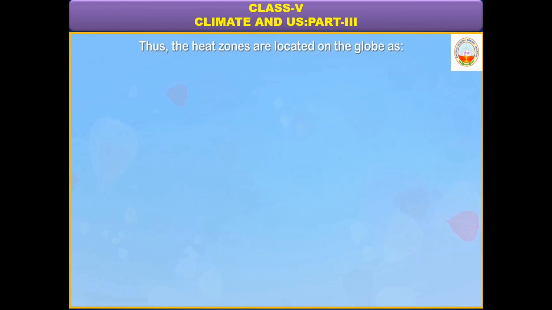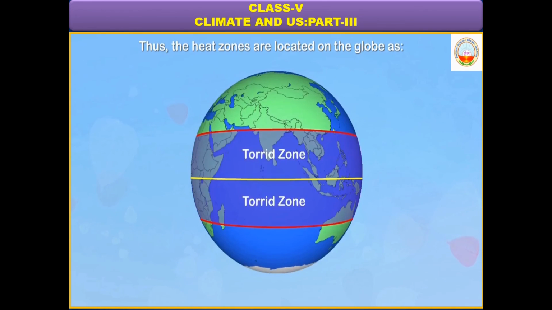Thus, the heat zones are located on the globe as: torrid zone, 23 and a half degrees north to 0 degrees to 23 and a half degrees south.